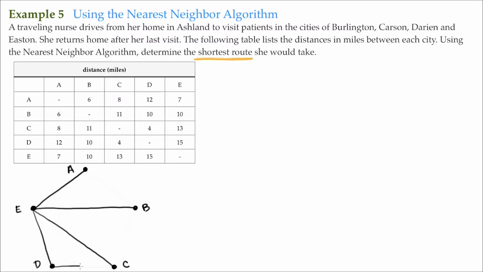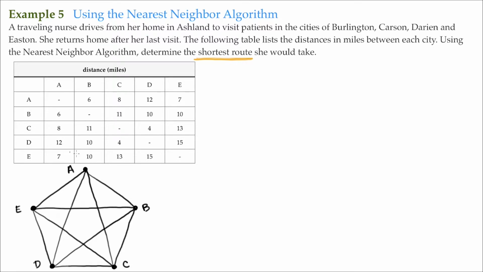I'll go to here, here, and then all the way up here. And we just kind of work our way around. And then finally, we'll close it off here. So that's our complete graph that would represent this scenario.